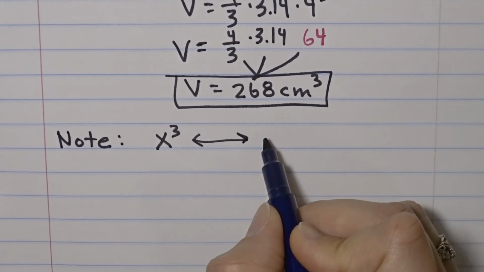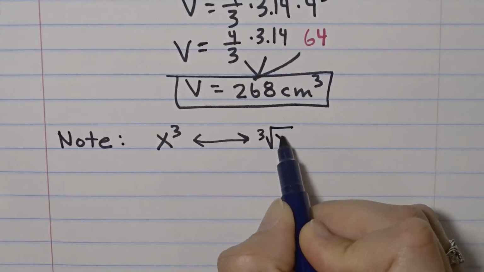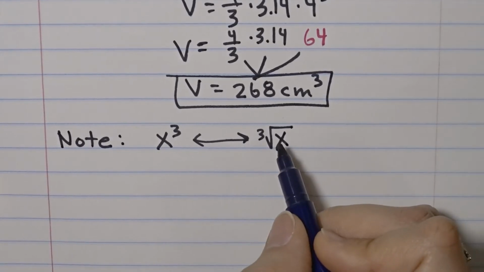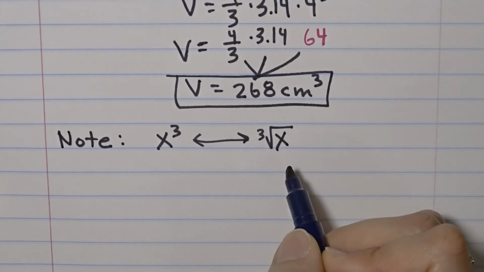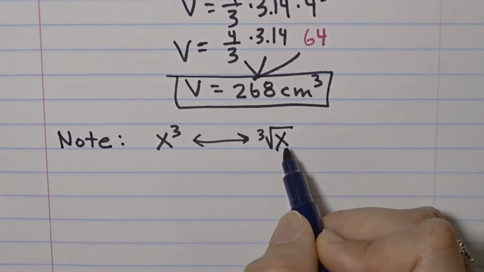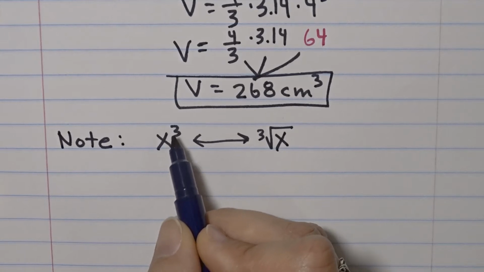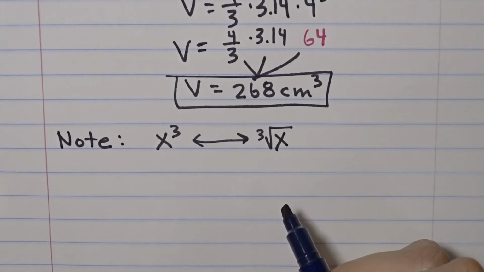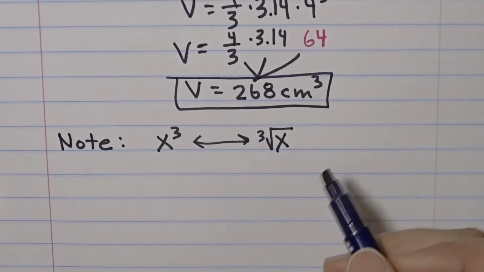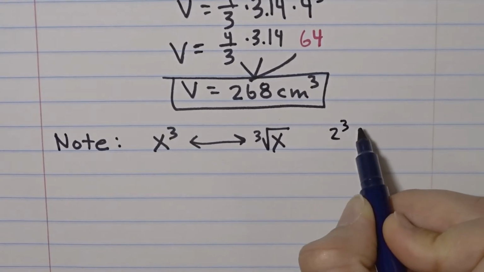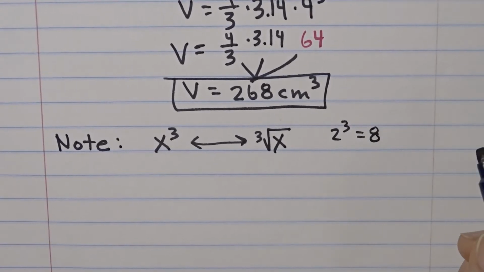And that inverse operation is taking the cube root of something. And taking the cube root, if you have this, and you want to get that x all by itself, you put it to the 3rd power, because that's its inverse operation, and then x will come out all by itself. So for example, if I have 2 to the 3rd power, that's 8.